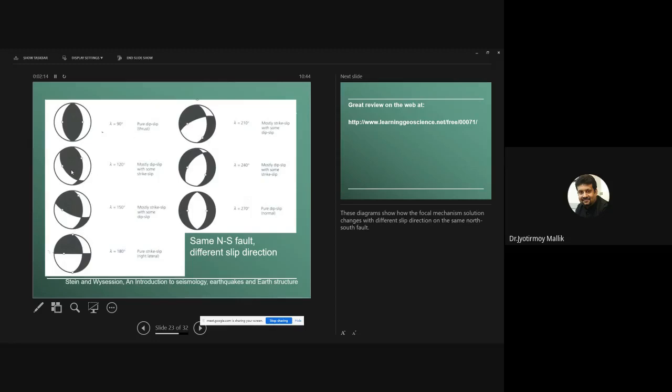Now these are all thrust and strike slip mixed, and these are normal and strike slip mixed. But what exactly an oblique slip fault is, we will talk about later on. It's a mixture between strike slip and dip slip fault. Dip slip faults are either normal faults or thrust faults, but it's kind of a mixture. We will discuss them later on.